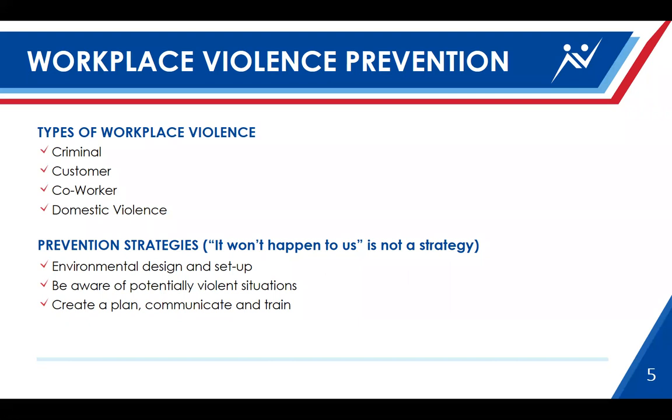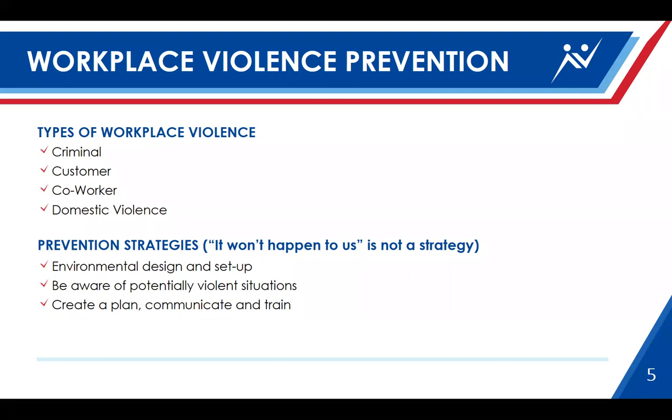Coworker workplace violence, this is probably the most common of all these, two employees that are not getting along or all of a sudden have a disagreement and things get physical and injuries occur as a result of that.